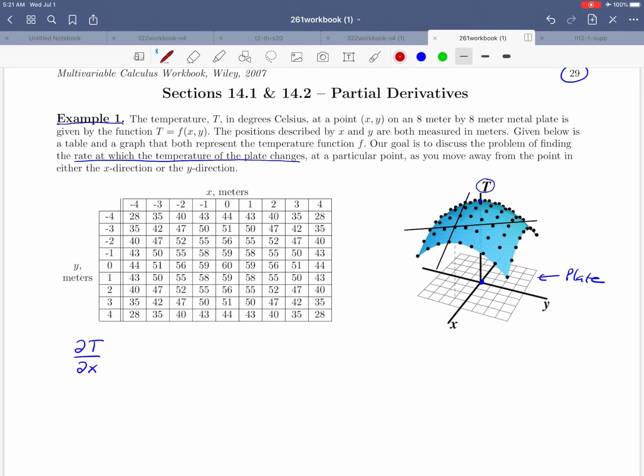I'm going to write that: partial T, partial x. This strange little symbol that you see here that looks like a 2 is read "partial," and it represents derivative. So in words, this is the rate of change of the temperature T with respect to x.